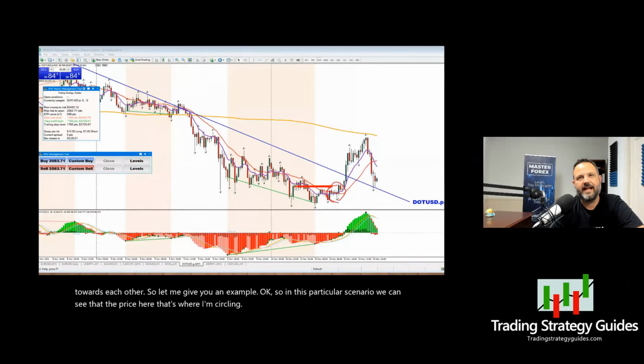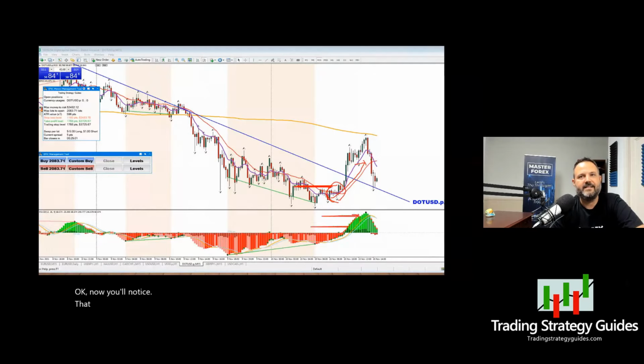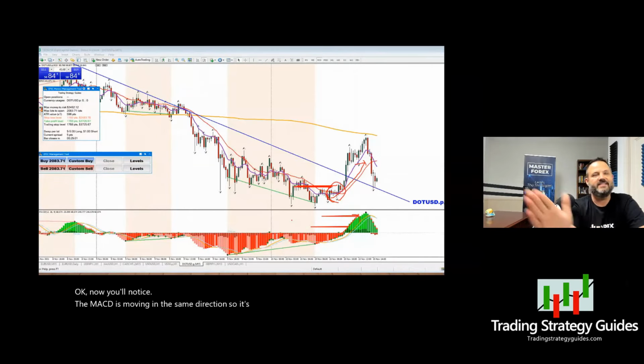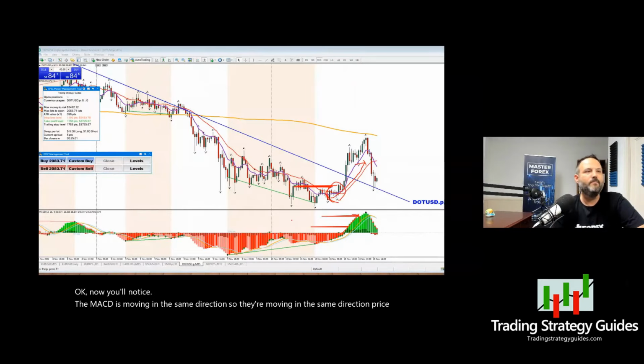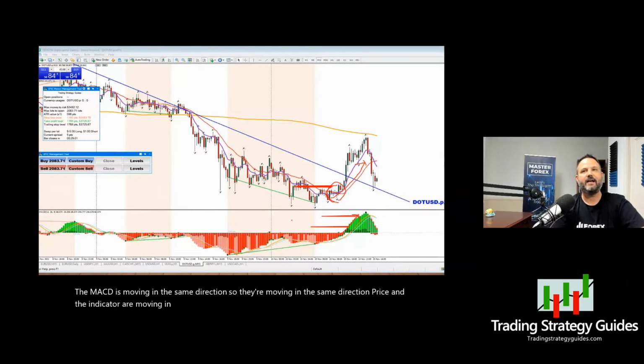See this? That's price, and it's moving up. Now you'll notice that the MACD is moving in the same direction. Price and the indicator are moving in the same direction. Very important to understand that's what convergence is.